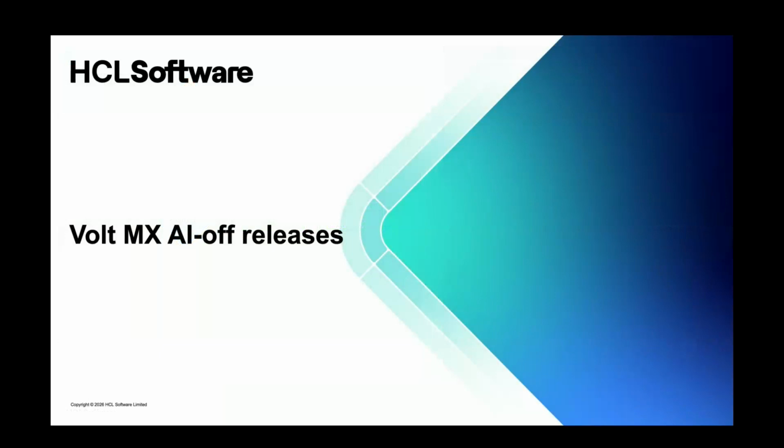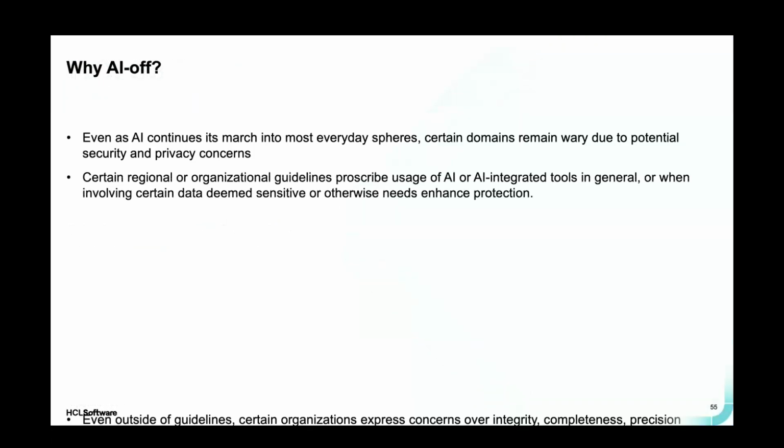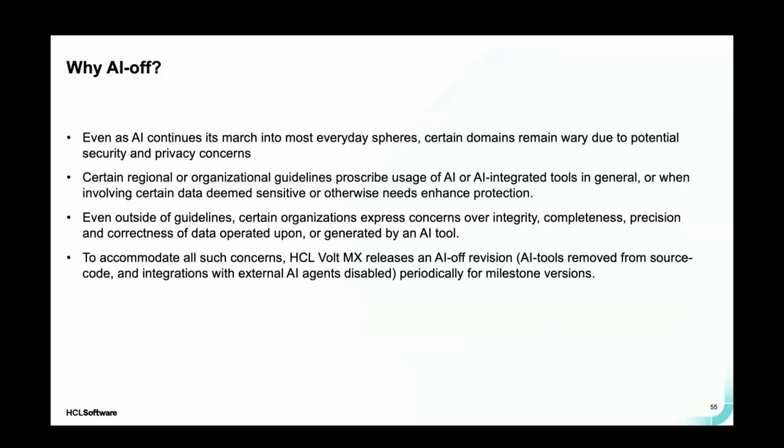So let me wrap up with the AI off releases. Why AI off? We talked about AI so much. So why do we need AI off? We have seen that many industries have concerns about integrating AI related tools into their development environments or into their client end applications.